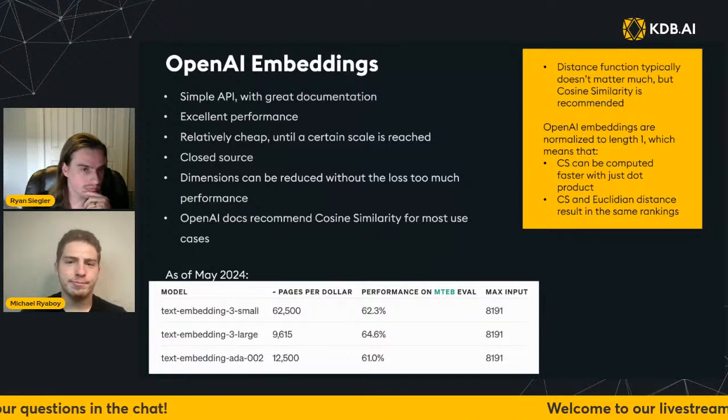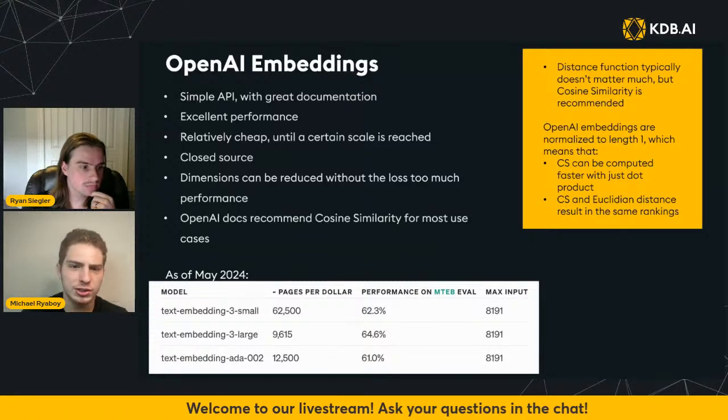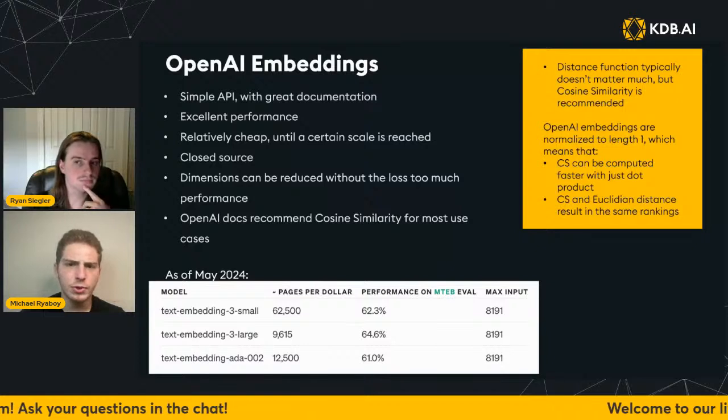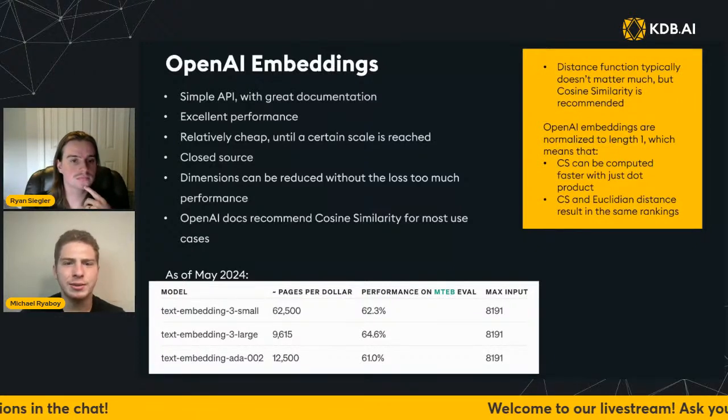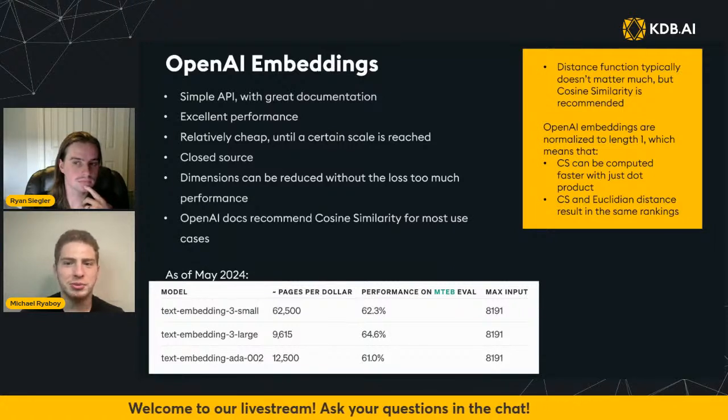And one thing is that OpenAI docs just recommend using dot product. Actually, this slide might not be correct. So basically, the OpenAI embeddings are normalized to length 1, which means that cosine similarity is pretty much the same as dot product. And cosine similarity and Euclidean distance result in the same ranking.